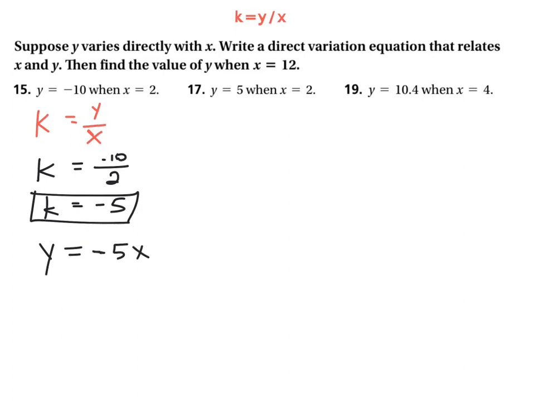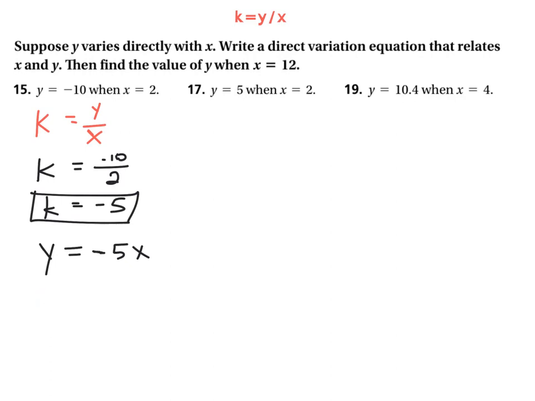That's the instruction that they give us here: write a direct variation equation that relates y and x. Well, you take x, you multiply by -5, you'll get y. You can see that here, we take this x, 2, multiplied by -5, it's -10. Now solve for y when x is 12. So now that we've done that, we're going to plug it in.